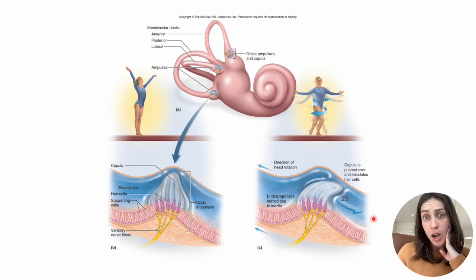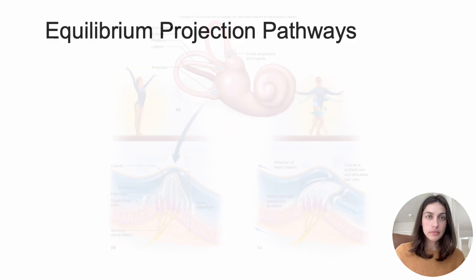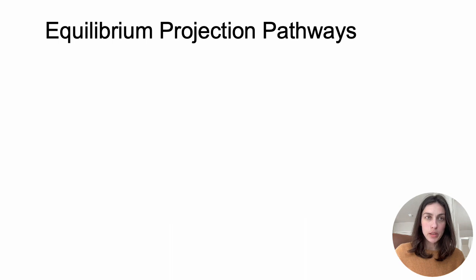Then when you stop, there's a delay, but eventually the fluid goes back and the cupula is pulled back, and therefore the hair cells will move into their original position and the mechanically gated channels will stop being opened.